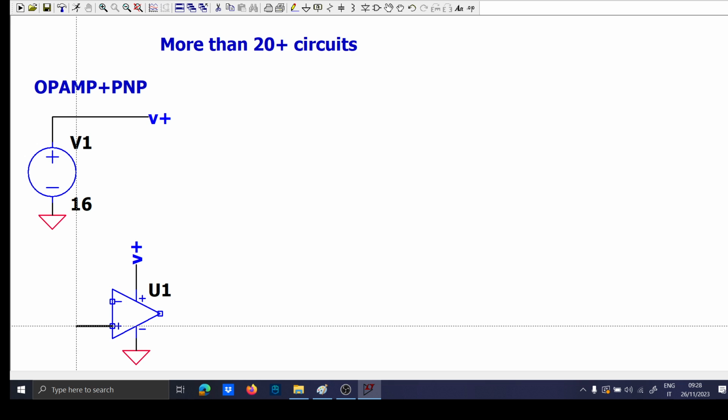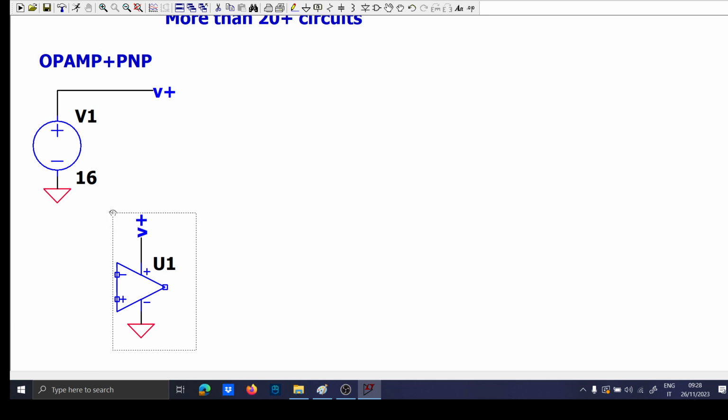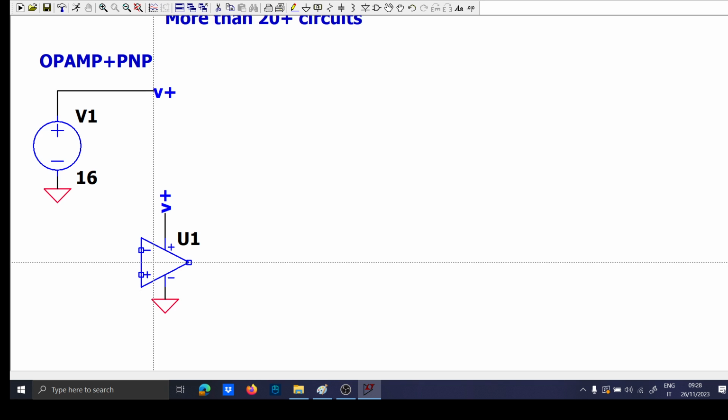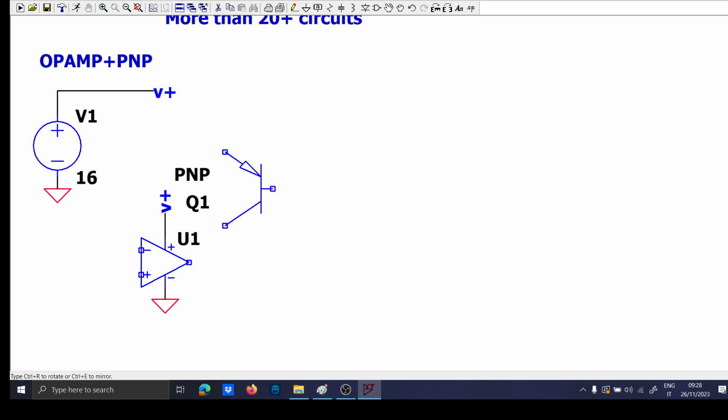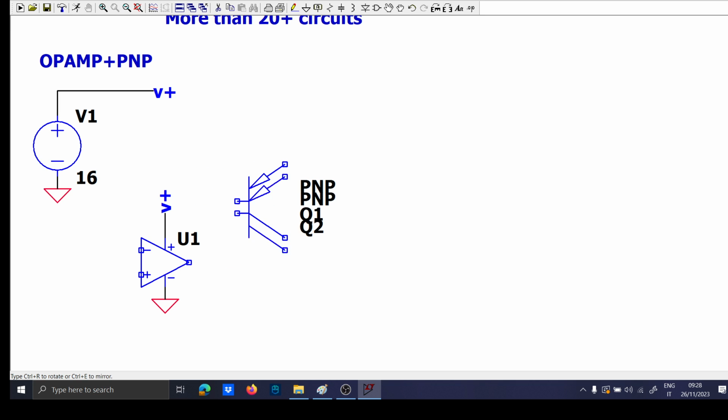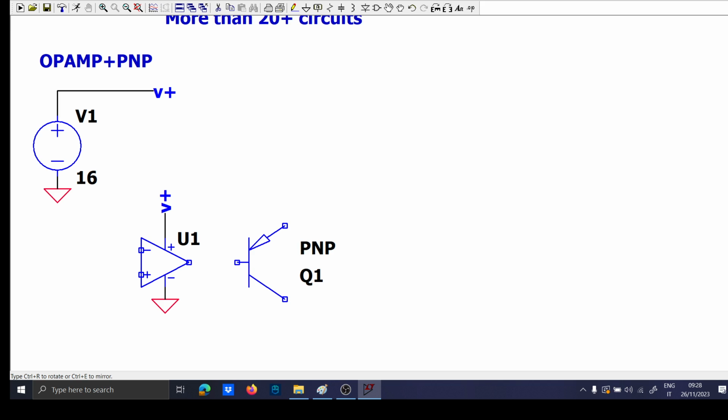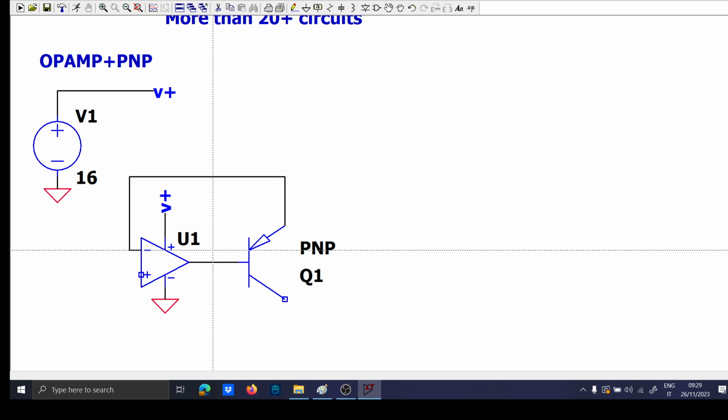Then what we are going to do is use a PNP here, which is commanded by the base, and we perform a feedback by clamping its VEB.